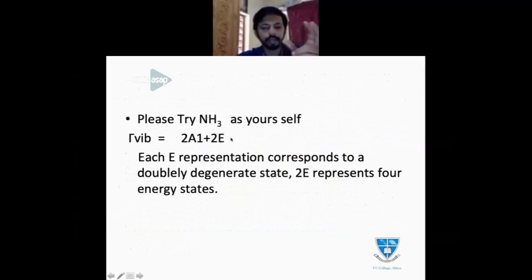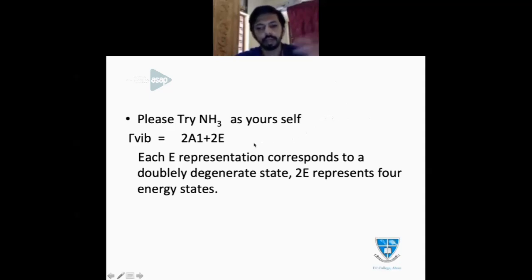A little complication may arise during the determination of the reducible representation. In the C3v point group there will be E, 2C3 and 3 sigma v, so the number of elements in the class C3 is 2 and sigma v is 3.